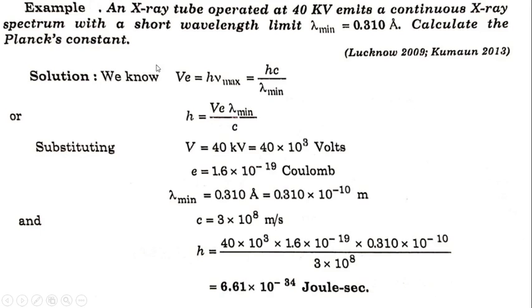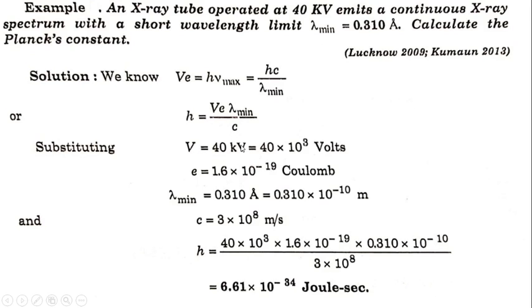Now here we know V into e equal to h nu max, that is equal to h into c upon lambda minimum, because nu max equal to c upon lambda. So here h equal to V into e lambda minimum upon c.